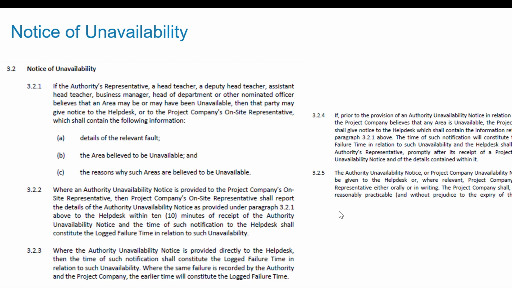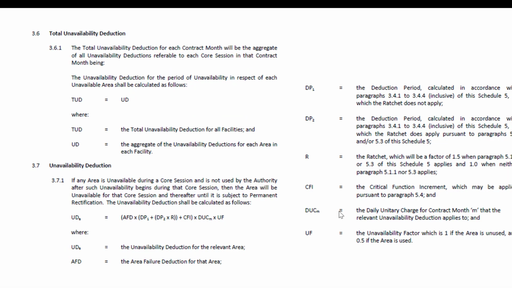Now, I'm joking, but it really is good to see just one time how these things really work. And then you have all these deductions, and as you read through these formulas, this is a failure deduction, and DP1 is how long it's been out for, and this ratchet factor says how much we are going to reduce.